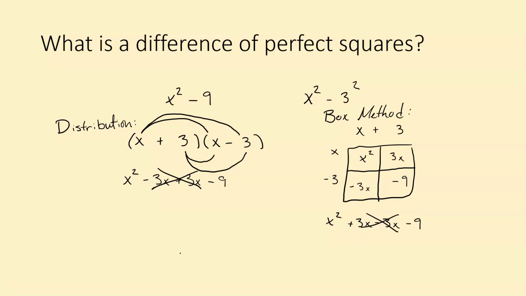So we end up with x squared minus 9. And that's why the difference of perfect squares does not have the middle term, because you're always going to end up with a positive and negative of the same thing in the middle. So they're going to cancel each other out.